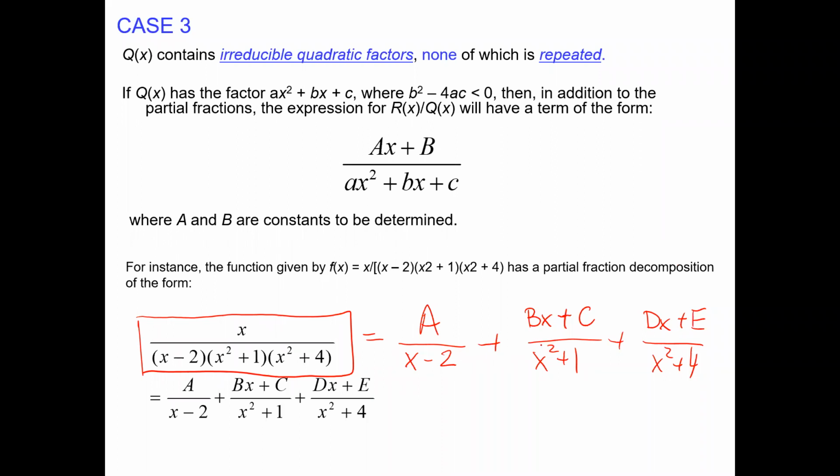One way I can explain this: since the factor is quadratic, we have to have on top a polynomial that is 1 degree less.